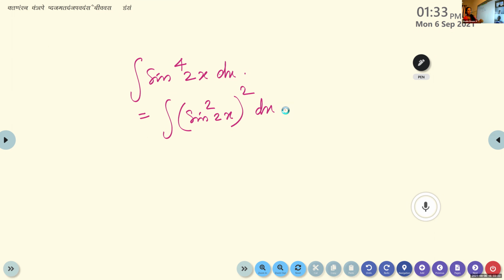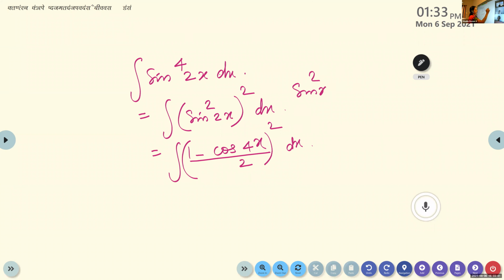Now what is sine square x? It is 1 minus cos 2x by 2. So it becomes 1 minus cos 2x by 2 the whole square. If it is x, we should write the double of the angle, 2x.